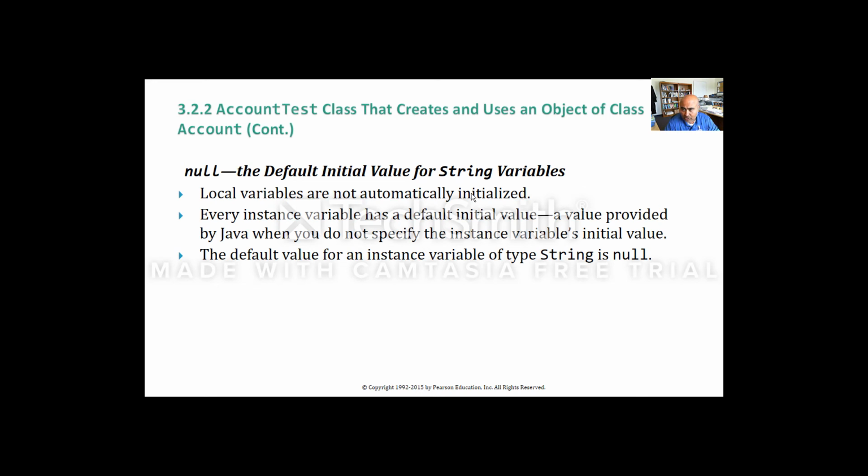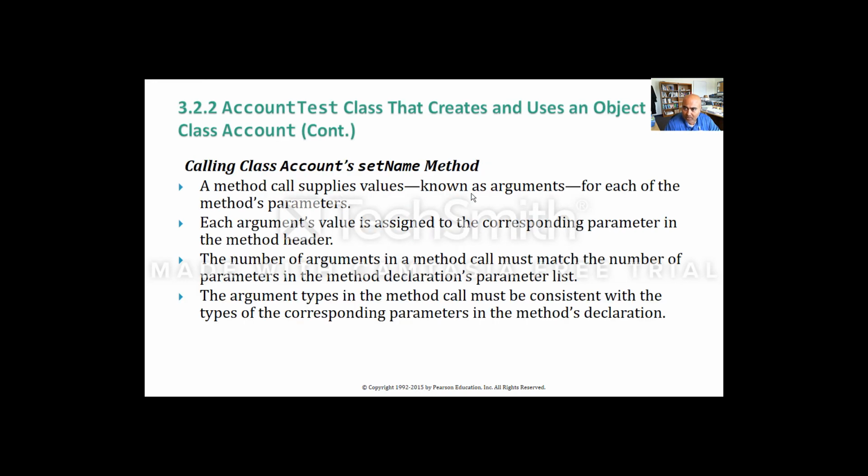Now this is not the case when I have an integer value. By default it is 0. A double by default is 0.0. So every single data type has a default value until and unless something is assigned to it. So in this case, when we have a setName method, if I don't assign a value, by default, remember, it has a null value stored inside.